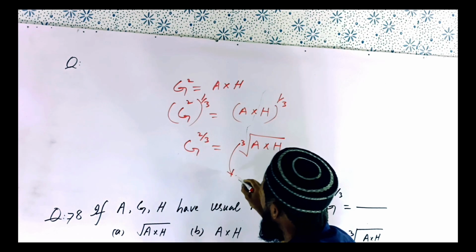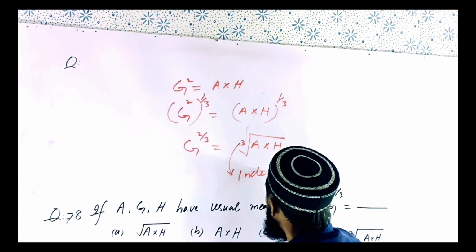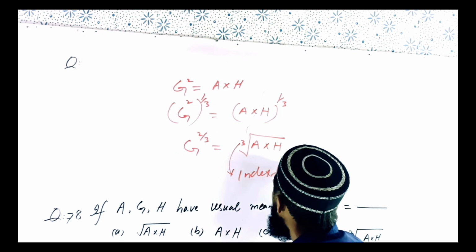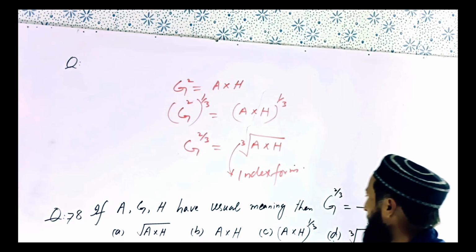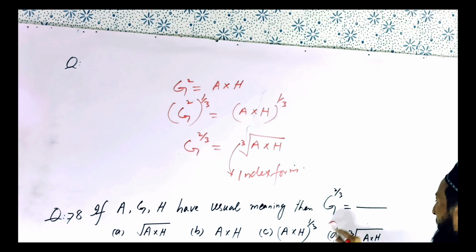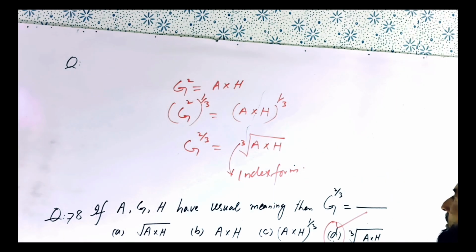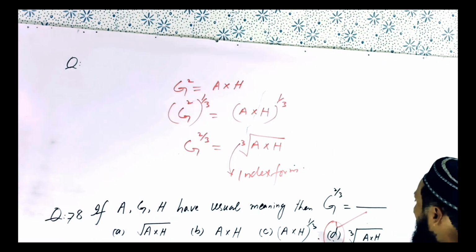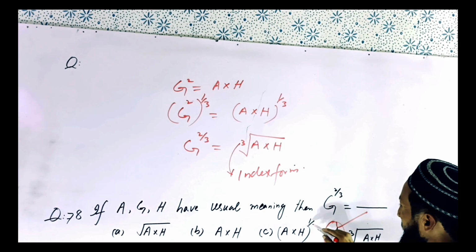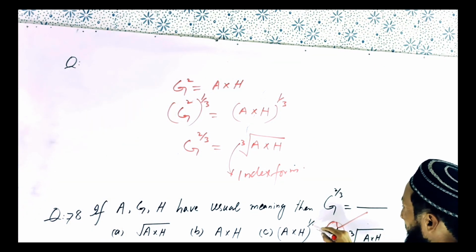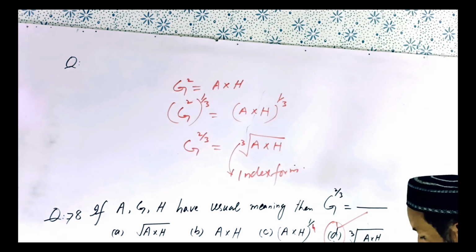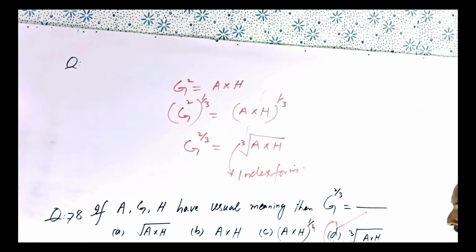We can say that is index form. So the result is here D is the correct option, but here is one mistake also. This will be, we put here 1 by 4. So D is the correct option.